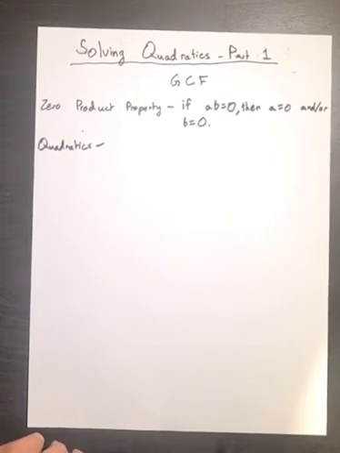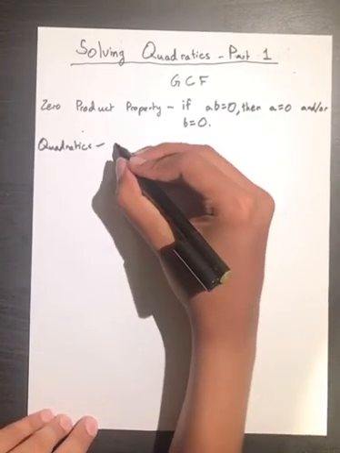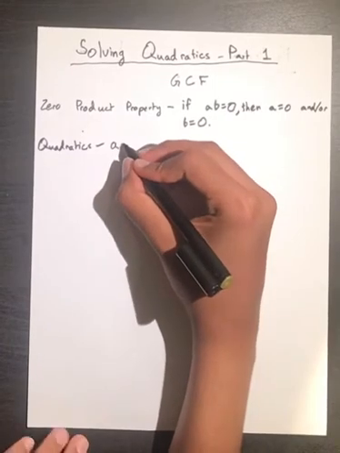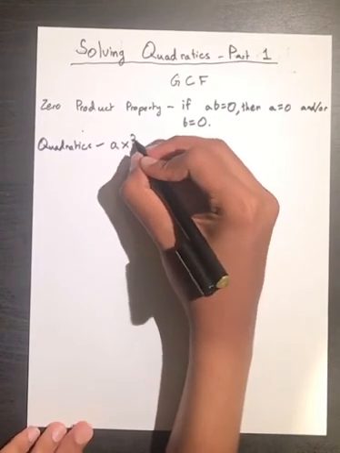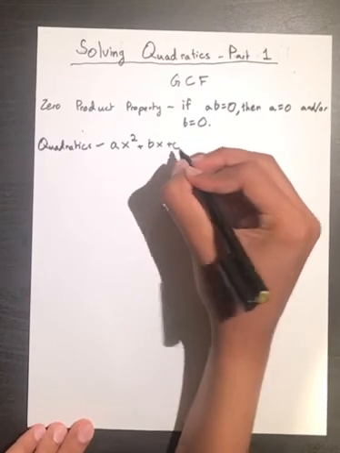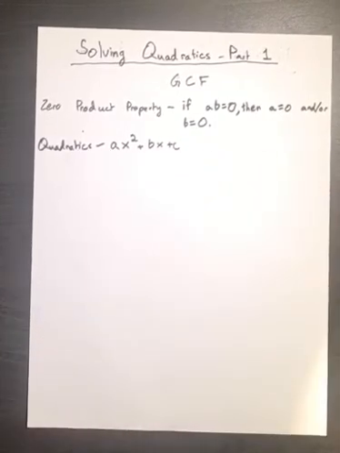Basically it means we have some constant a, and then a variable x squared plus bx plus c. A, b, and c in this case are constants. So say a is 3, b is 2, and c is 1. You get 3x squared plus 2x plus 1.